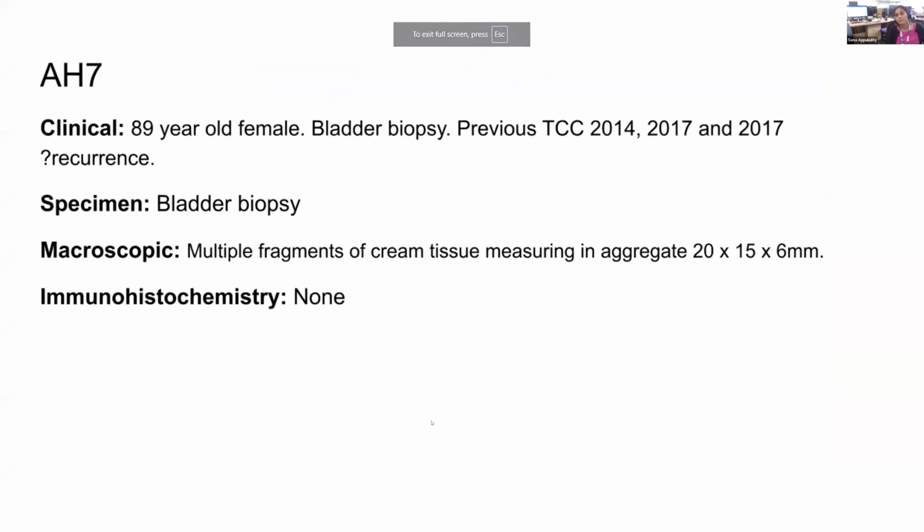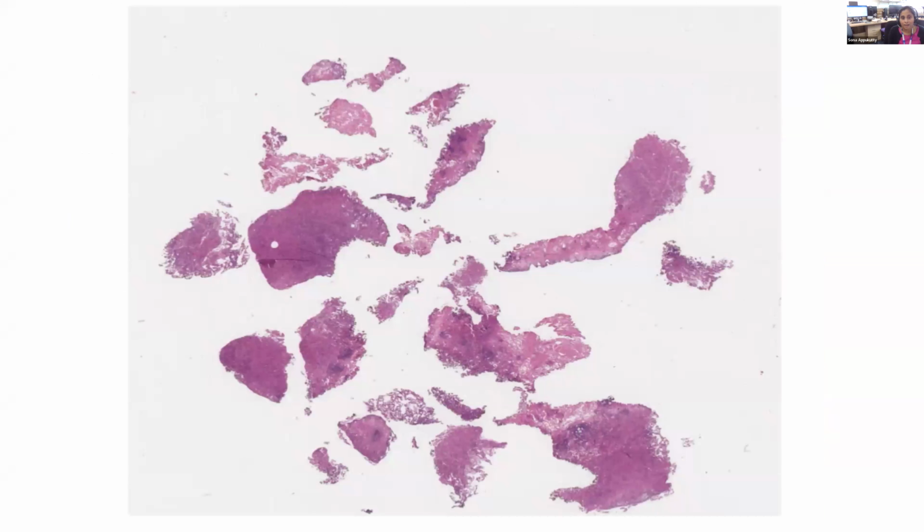So the case number 7, we are told that it's an 89-year-old female, bladder biopsy, previous TCC in 2014 and 17. We are not provided with any immunohistochemistry. This was a low power view of the bladder biopsies where we can see a lot of fragments which are actually very full with some cells.